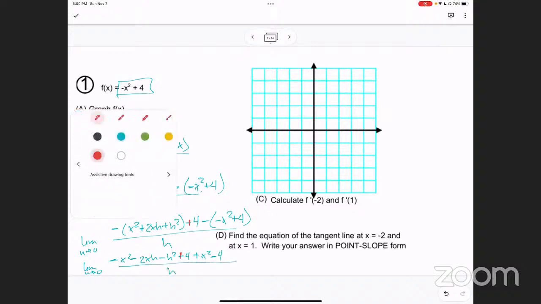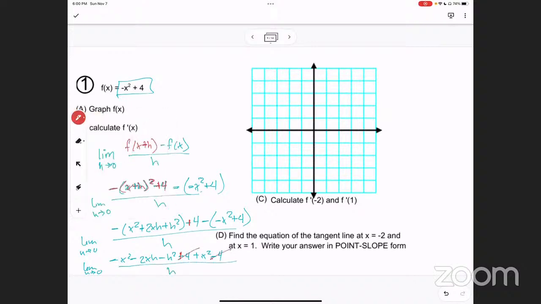So now what cancels out is the 4s are canceling out, the x squares are canceling out, and I get the limit as h goes to 0. Now I can factor an h out of h times negative 2x minus h all over h.